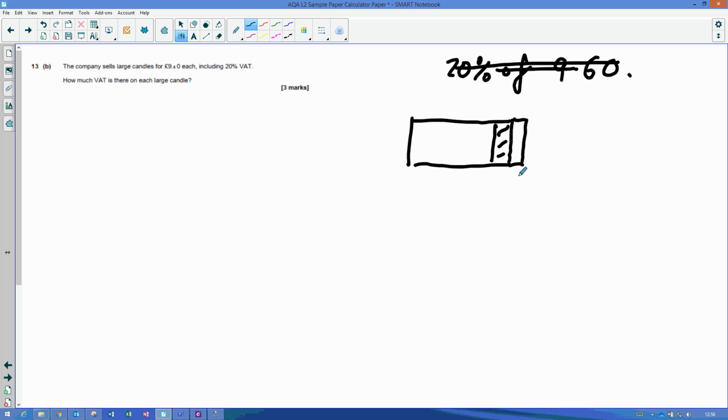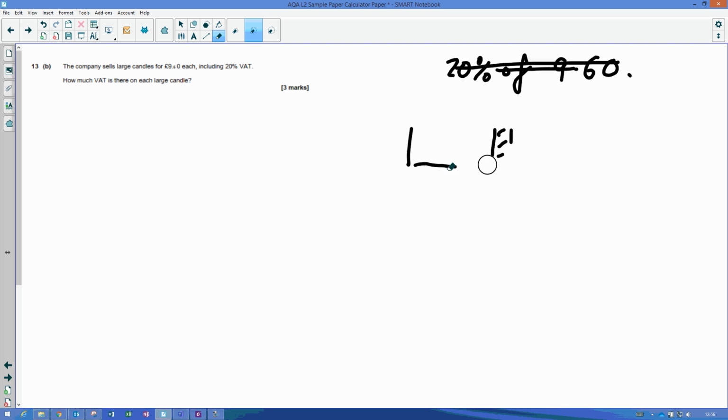And if you find 20% of this large thing, and that's equal to the 9.60, 20% of this is bigger than 20% of the cost of the candle without VAT that we started from. So when you take 20% off, you'll be taking off more than you should. So we don't want to be doing the wrong thing here.